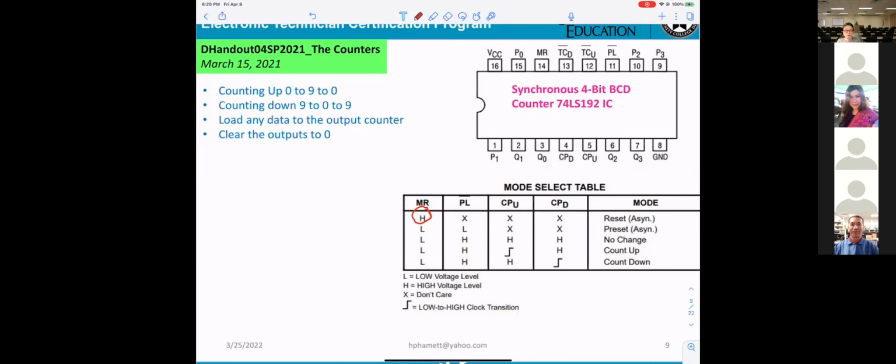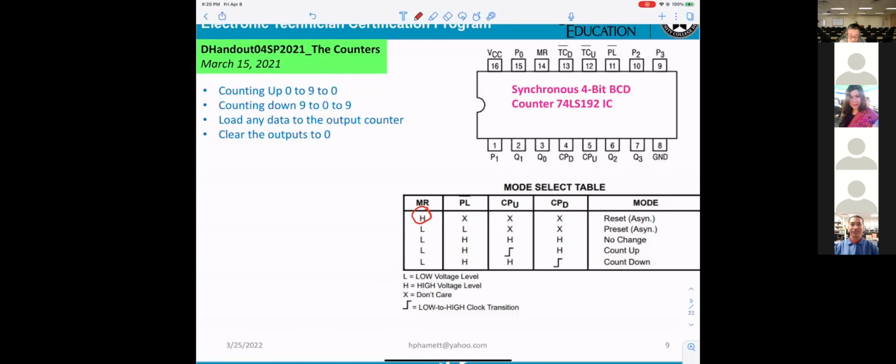However, when you write a program, you cannot use X. They can be either 1 or 0. However, I already told you, we prefer a 0. That means you have to enter 0, for example, not 0, X, don't care, no. Software in C++, they don't understand that.